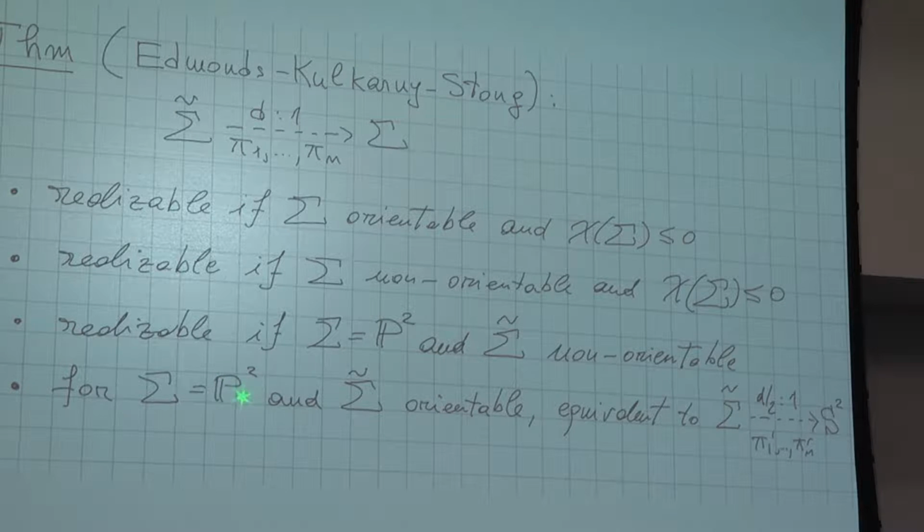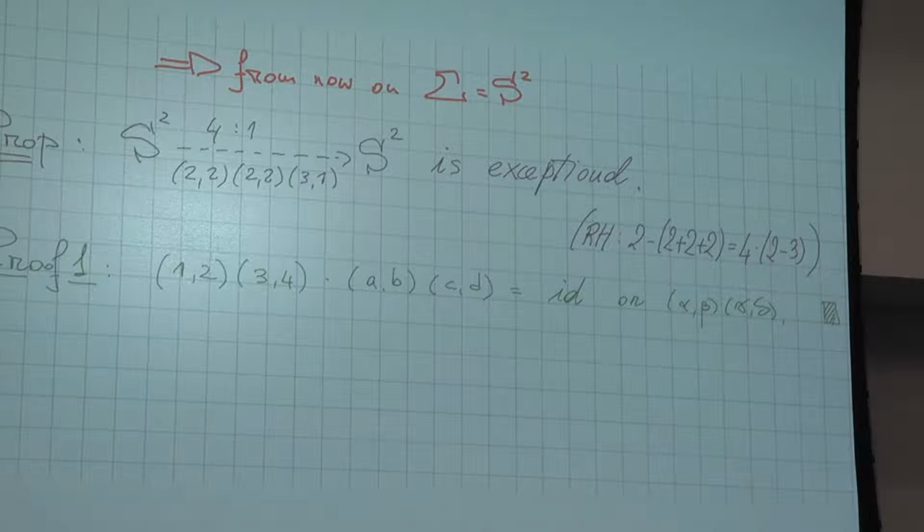But if you have something orientable covering the projective plane, it will factor through the sphere, so your problem becomes a problem of the sphere. For this reason, the problem is only open for sigma equal to the two-sphere.